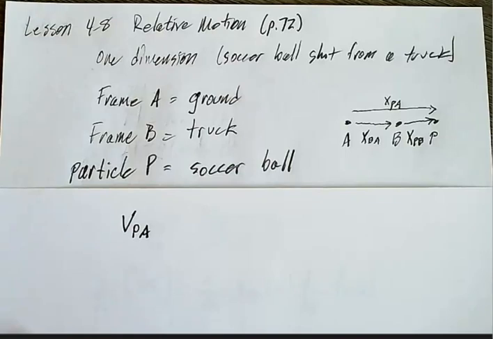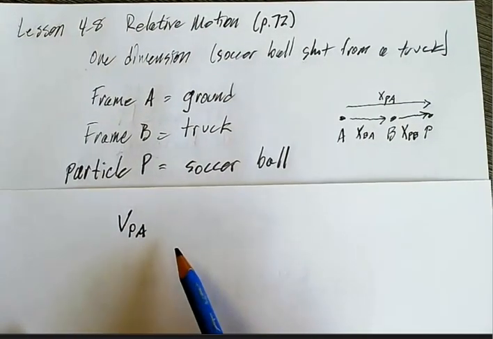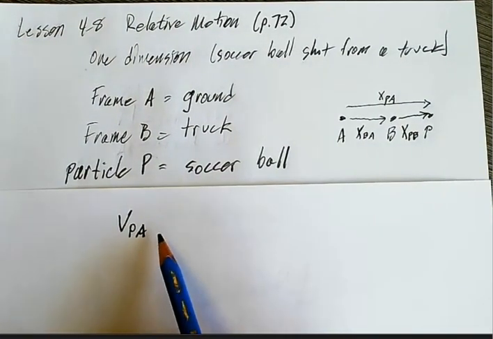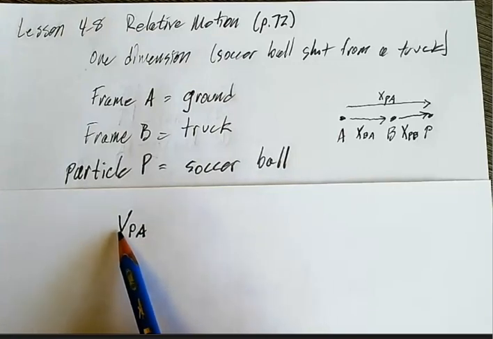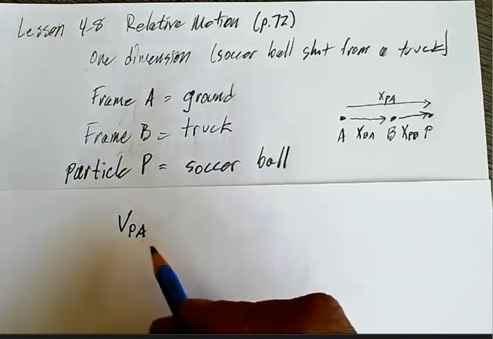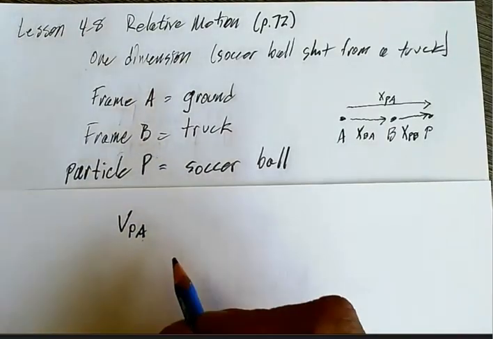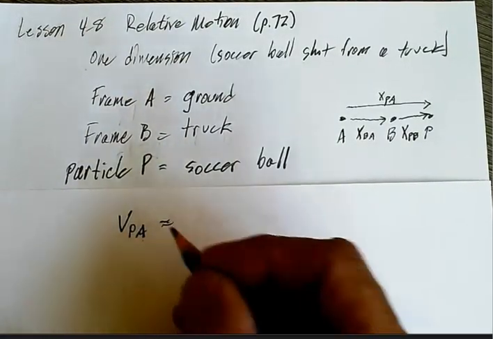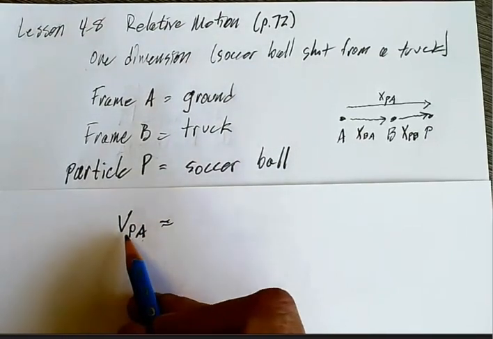So let's look at the example of the soccer ball being fired off the back of the truck. I'm going to find out what was the velocity of the ball with respect to the ground. And what we saw was it looks like that was 0. So if we set up our equation, I don't have to think too hard.